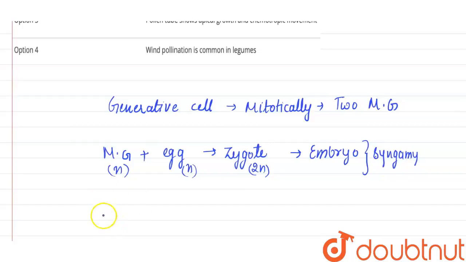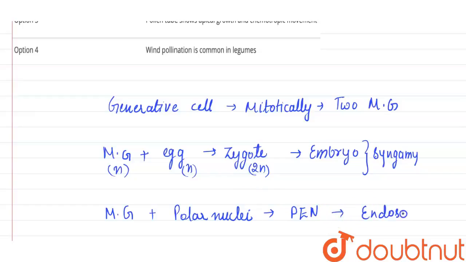Next is the other male gamete. As we know, it produces two male gametes, one male gamete fuses with the egg and the other male gamete fuses with the polar nuclei. It fuses with the polar nuclei and forms the primary endosperm nucleus, which later converts into endosperm.